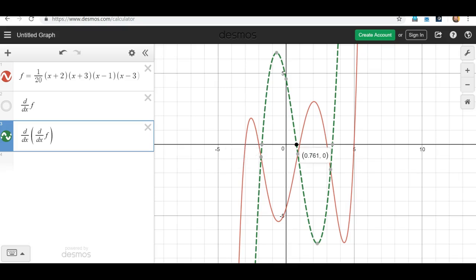And then again, the concavity is shifting from up to down at 7.61. And again, the concavity is going to shift when x is 3.412. So it's going to go from down to up. Now, those are three places where the second derivative is 0, and in all three places the concavity shifts.